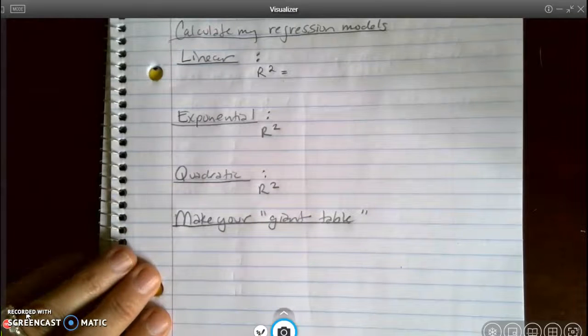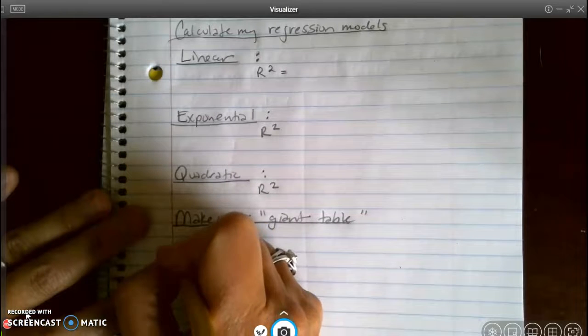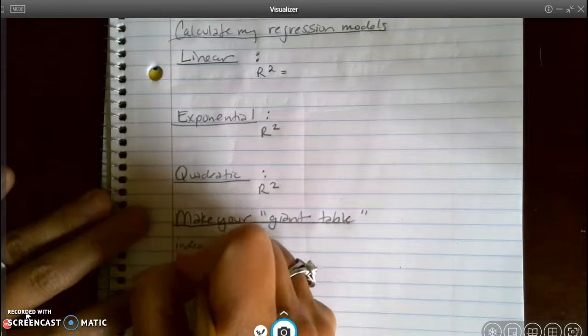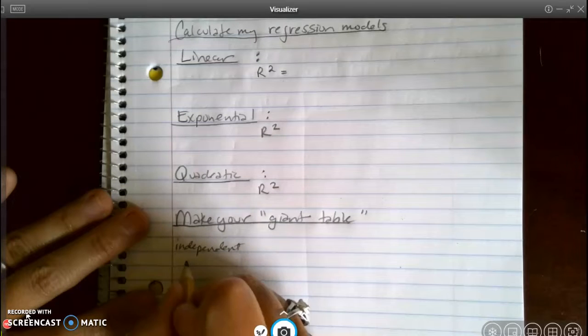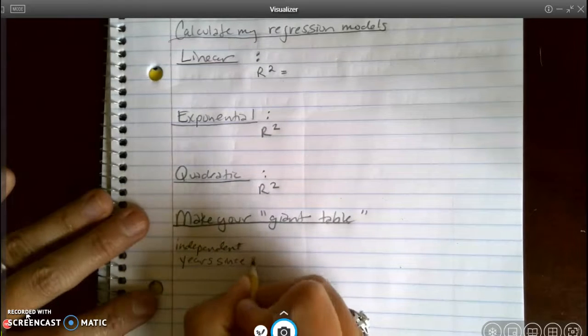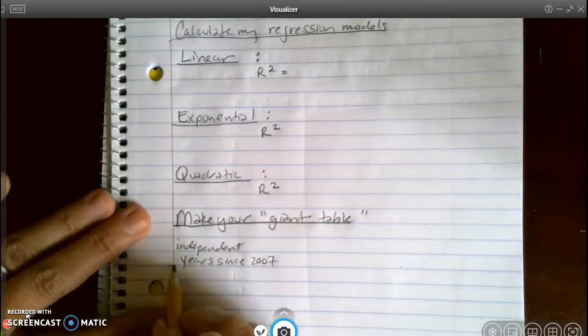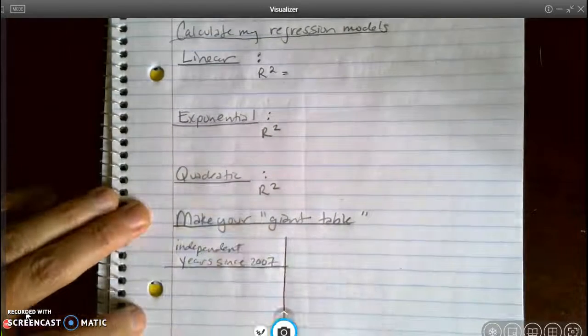What's your giant table going to be? Well, the first column should be your x values, which should be your independent. You're going to want to label that. And years for mine, it'll be years since 2007. That's going to be the very first column of my giant table.